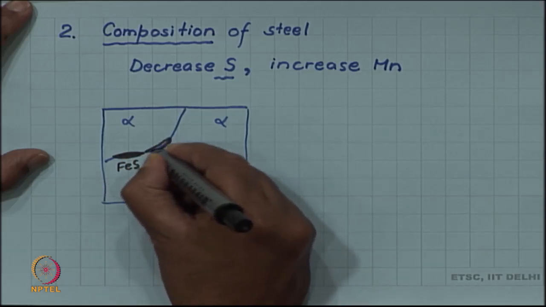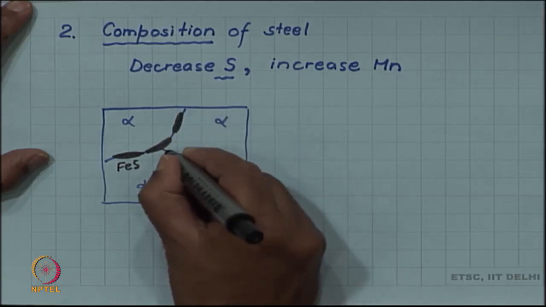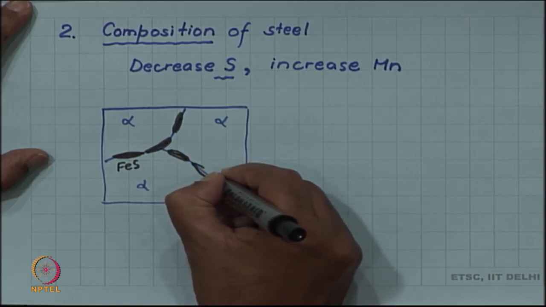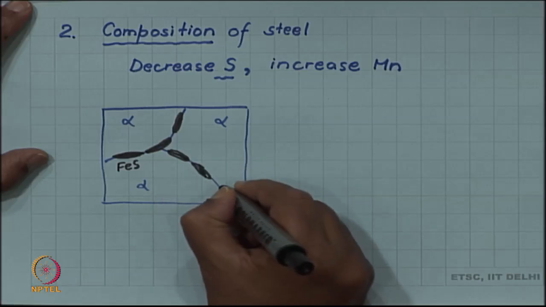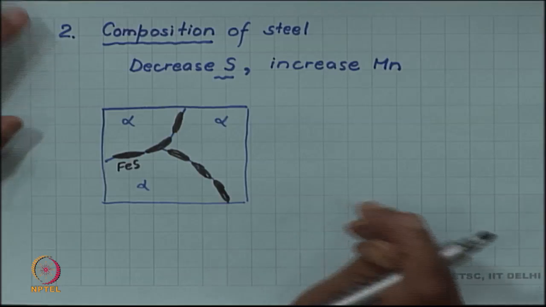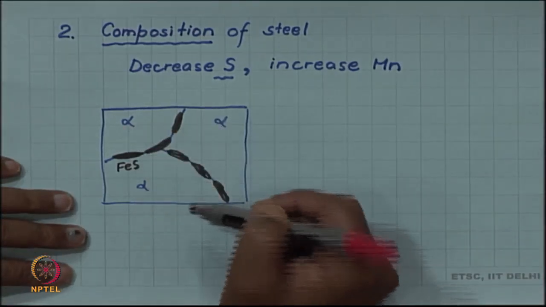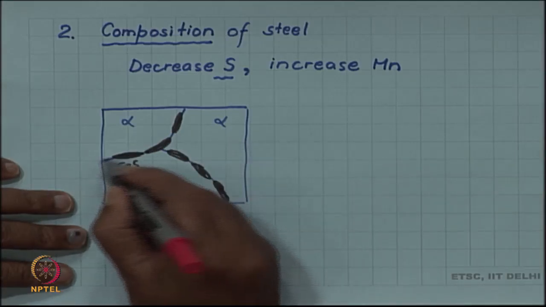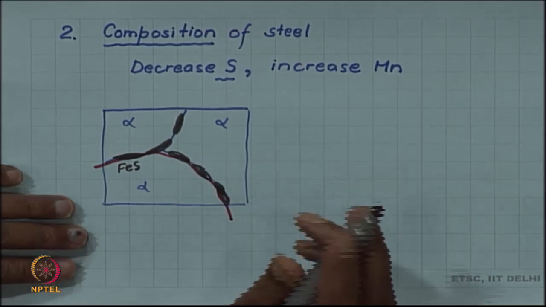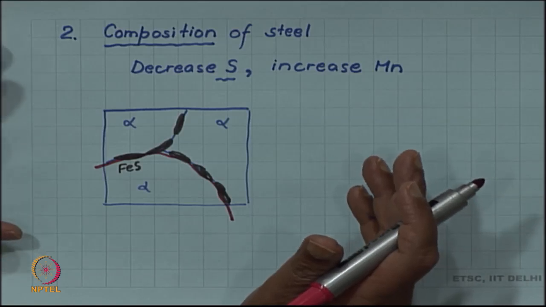These particles are hard and brittle. So if the sulfur concentration is high, the entire boundary can get coated by these brittle FeS particles. You can see that even if the alpha phase is ductile, the grain boundary will act like an easy path for a crack, and the fracture will propagate.